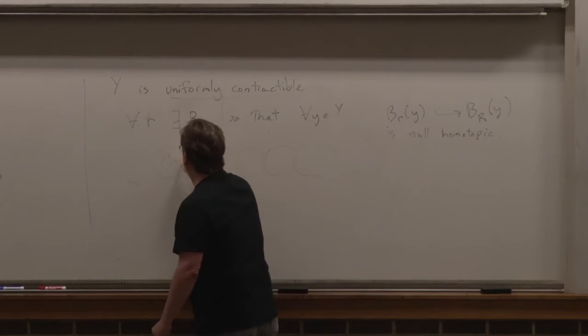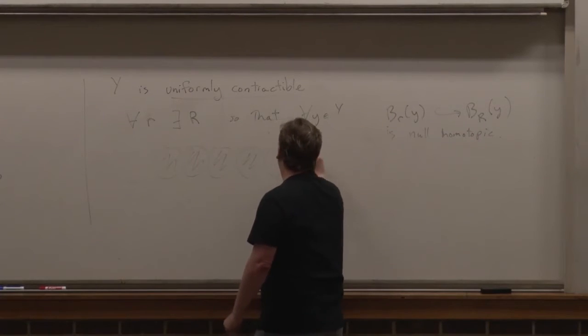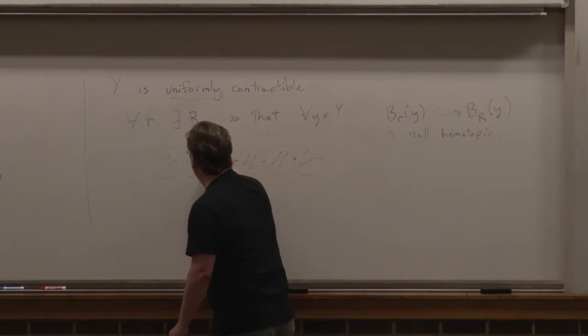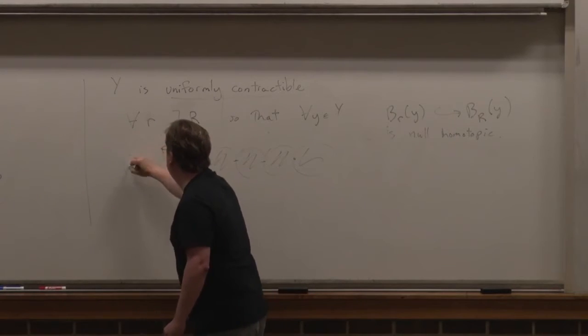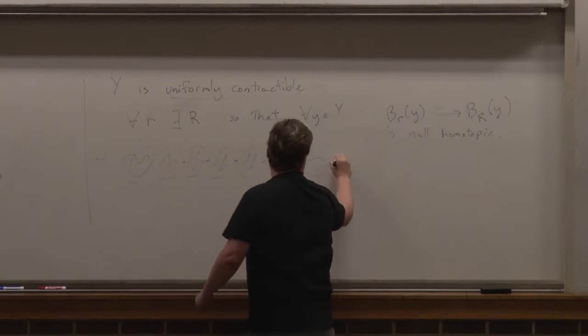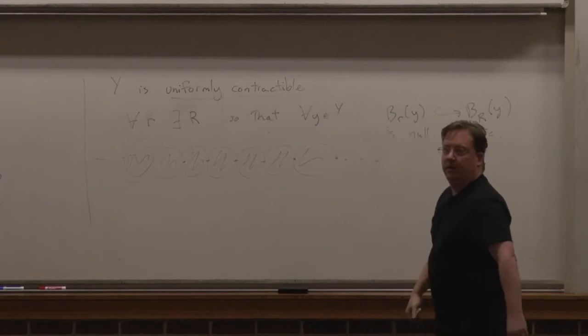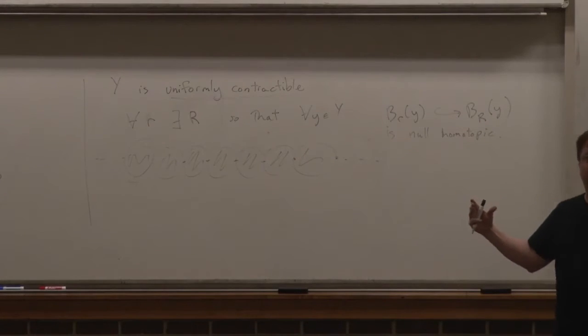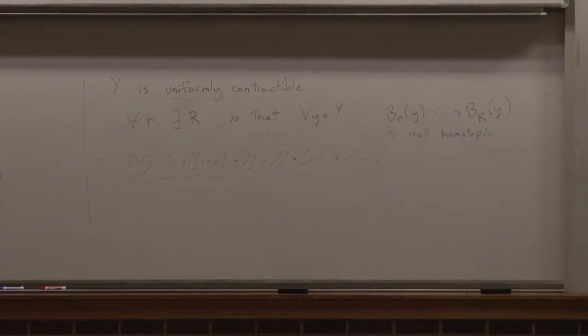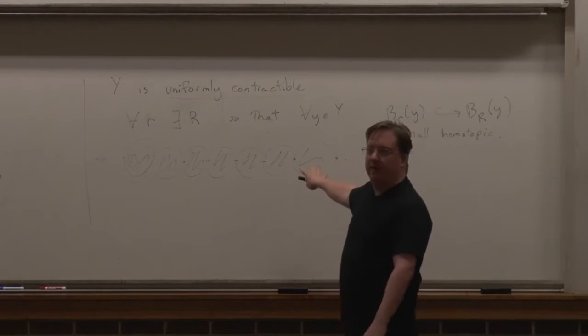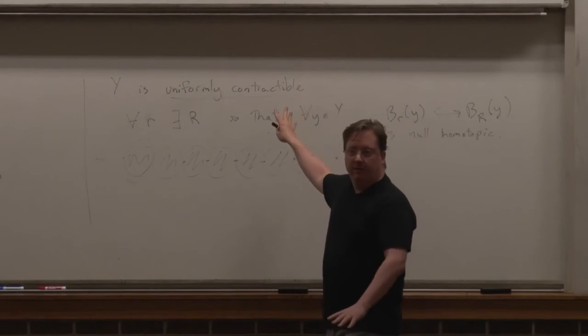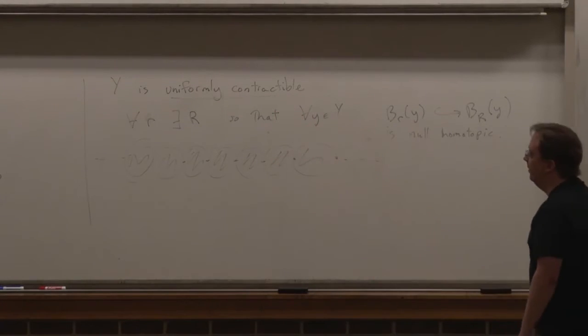Okay, if you just take some infinite strings of disks of some fixed radius touching each other at a point, this is a perfectly good contractible space. In fact, it's uniformly contractible, and there's no issue.